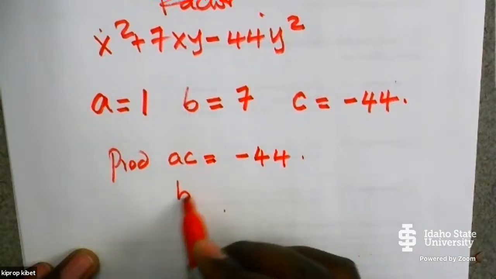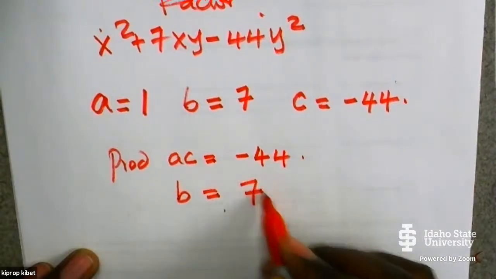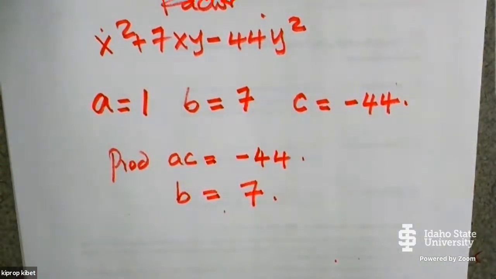The sum, which is B, equals 7. So we need to get the two numbers in which the product is 44 and the sum is 7. So what are the two numbers?